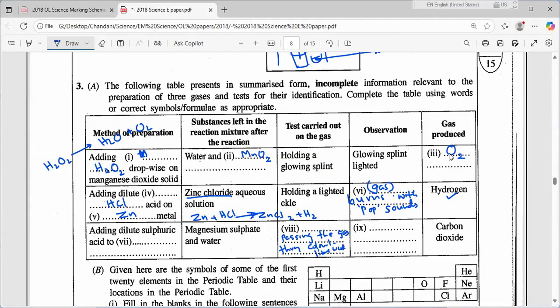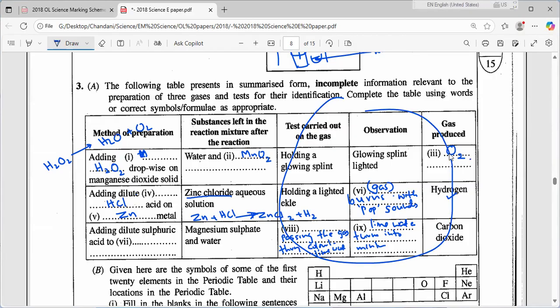Then what is happening? The observation: the lime water turns milky. Please write these words. The identification of these gases is really important.